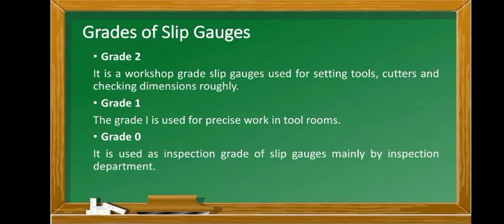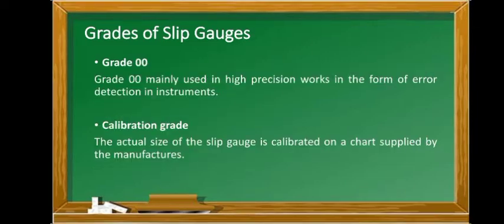Third, grade 0. This is used as the inspection grade of slip gauges, mainly by the inspection department. Meaning, only the inspection department has access to this grade. In this way, it is not possible for these slip gauges to be damaged or abused by rough usage like on the shop floor.